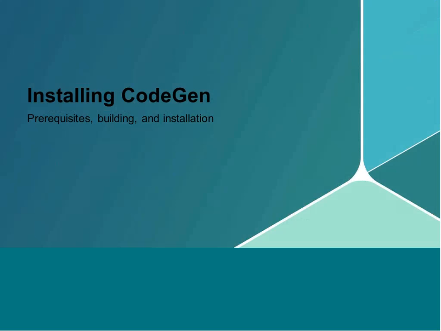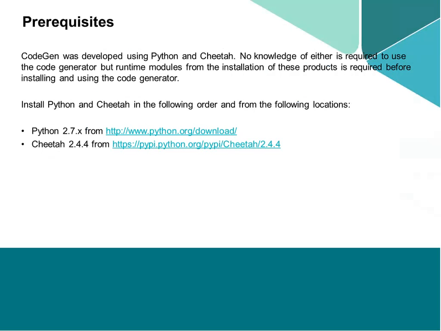Now we're going to go down and talk about how you actually install the code generator. The code generator is developed with Python and Cheetah. You don't really need to know how to use those unless you're going to start writing your own language bindings or something like that, or extending the code generator. But you do need the runtime libraries from both of those products.